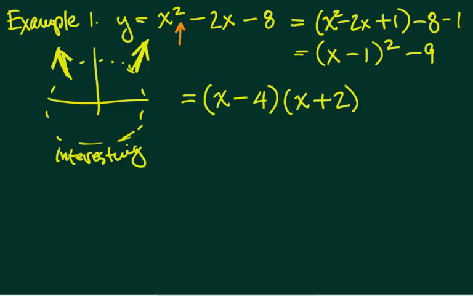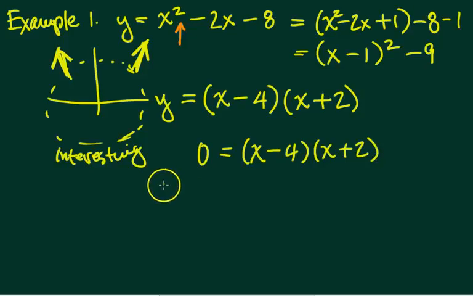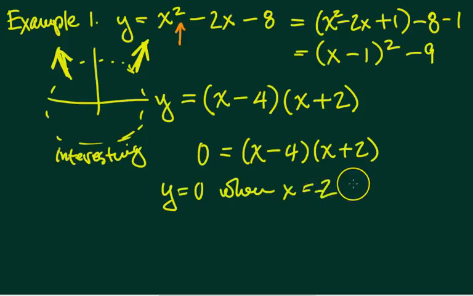Now, that's our y value. If we were looking for the zeros of this, we would say 0 is equal to x minus 4 times x plus 2, and we would know that y is equal to 0 when x is equal to negative 2 or x is equal to 4.